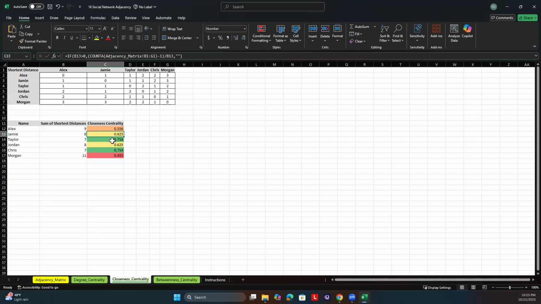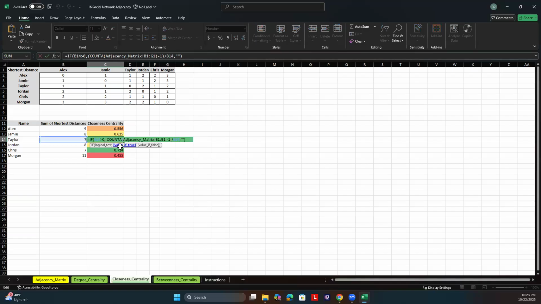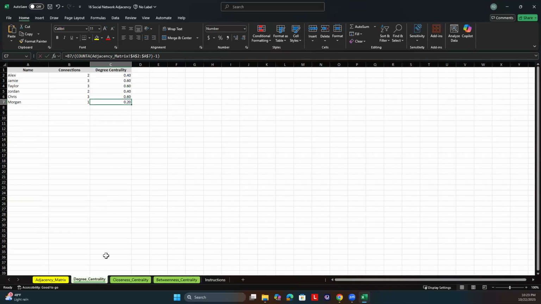You can see the closeness centrality is highest for Taylor and Chris, and the lowest for Morgan. If I look at these numbers one more time, in degree centrality the highest numbers were for Jamie, Taylor, and Chris because they had the most connections.